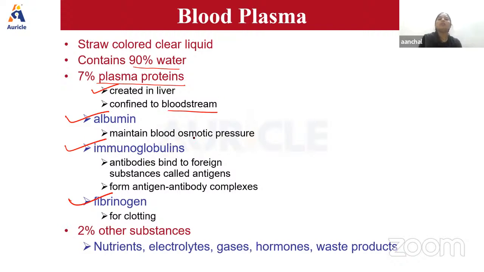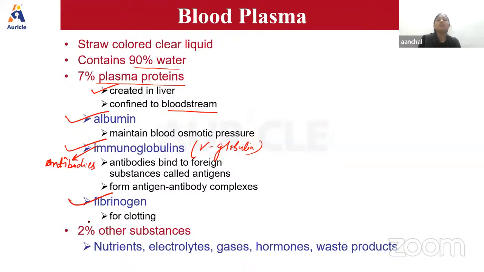Immunoglobulin is basically a type of gamma globulin. It is responsible for antibodies binding to foreign substances called antigens and forming an antigen-antibody complex, right? Immunoglobulins fight the foreign substances which get inside the body, and they are also known as antibodies.